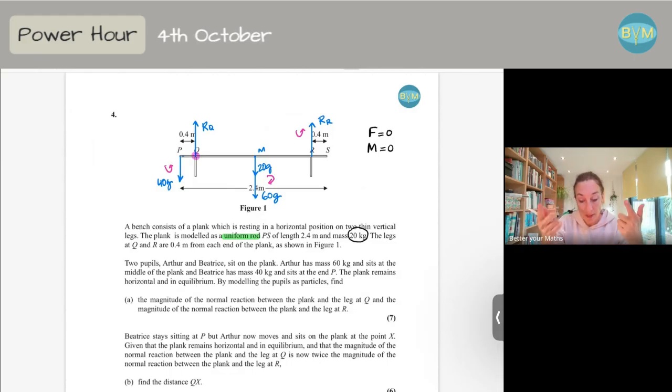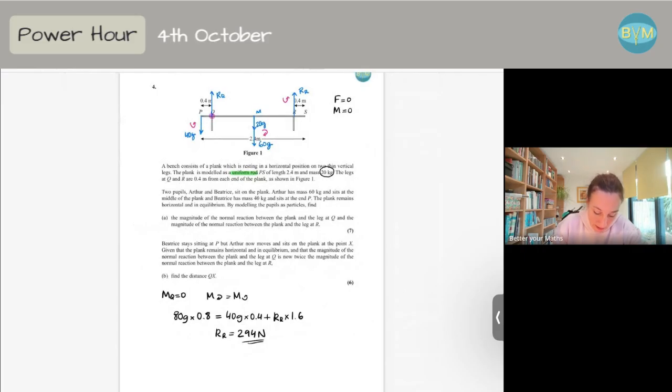So RQ plus the one that I just found, the two forces pointing up, I'm resolving forces, is going to be equal to all the forces pointing down, this one and these two combined together. So RQ is going to be that.